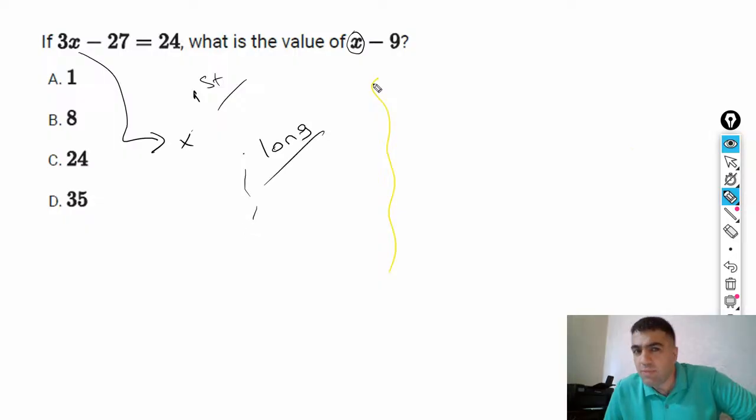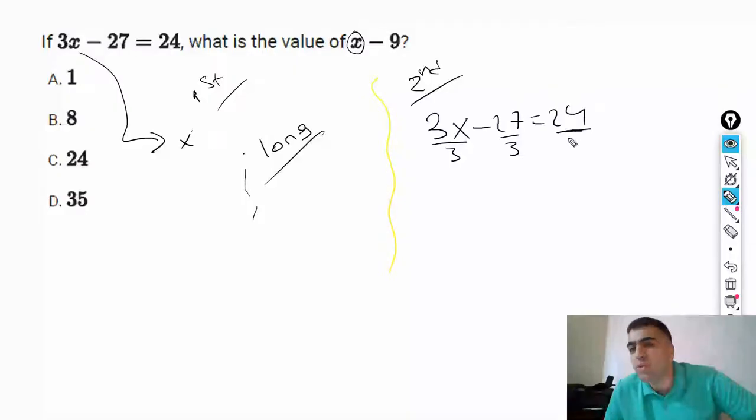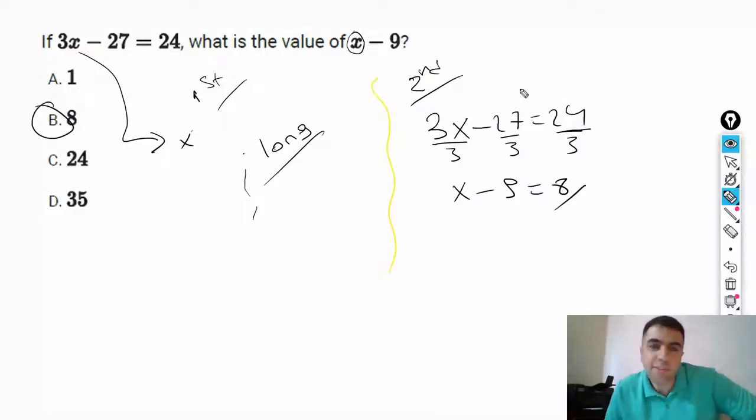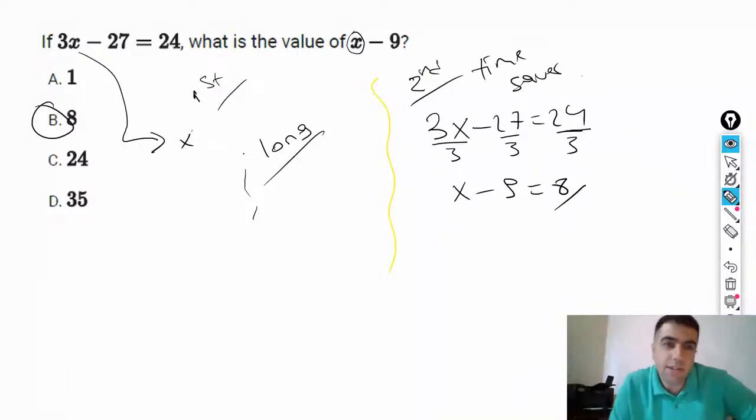And the second method is you should see 3x minus 27 is equal to 24. If we divide all terms by 3, we can get x minus 9 is equal to 8. We can get the answer here. Okay, this is the time saver method. Let's continue.